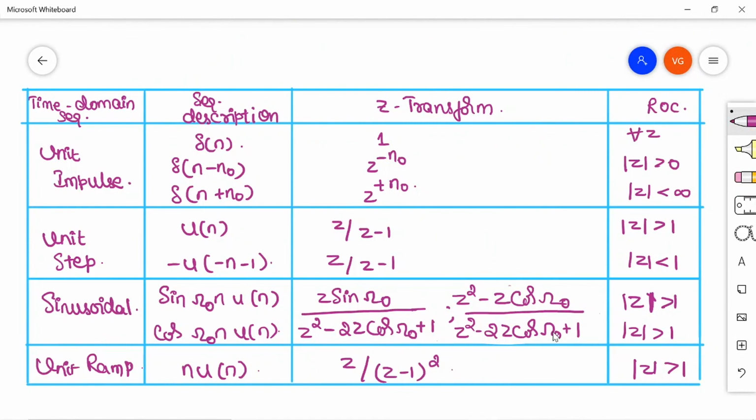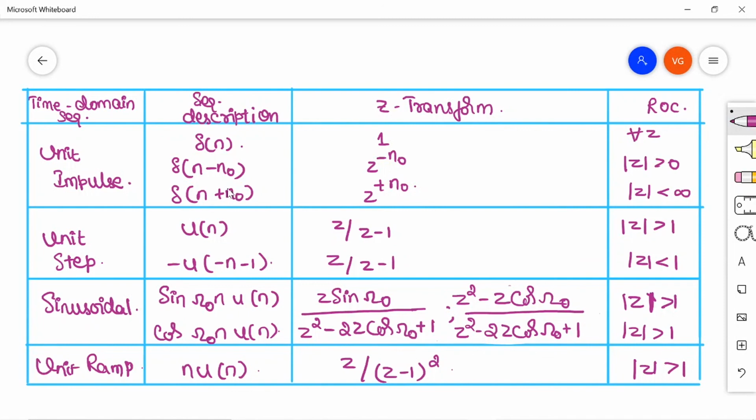So the Z transforms of all the important sequences I have tabulated here. We have already done the derivation part, so this is the description here. See, for the unit impulse signal, that is del of n, the Z transform is 1. So ROC is the entire Z plane.